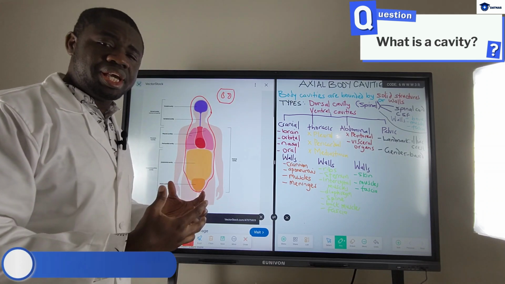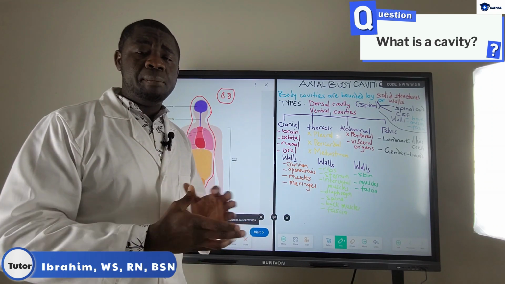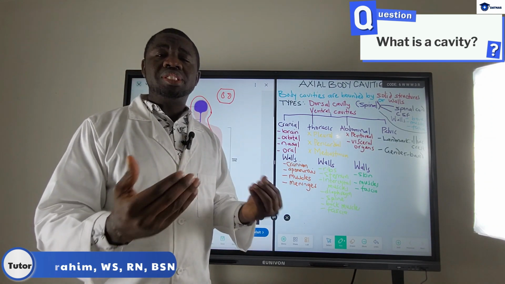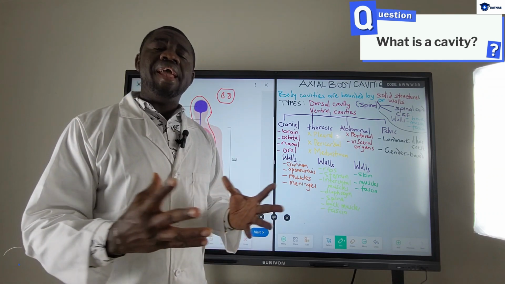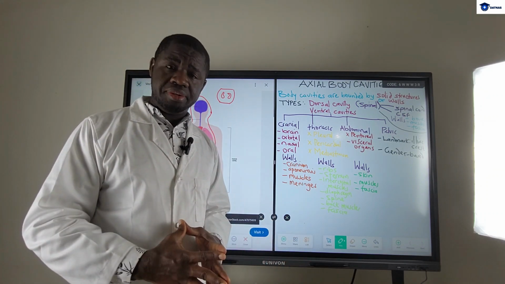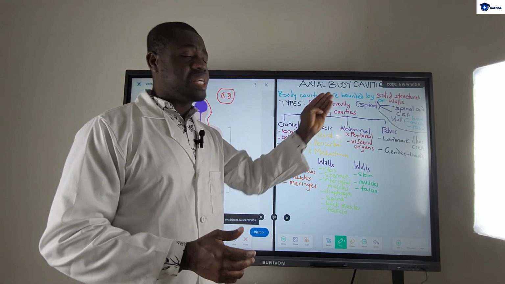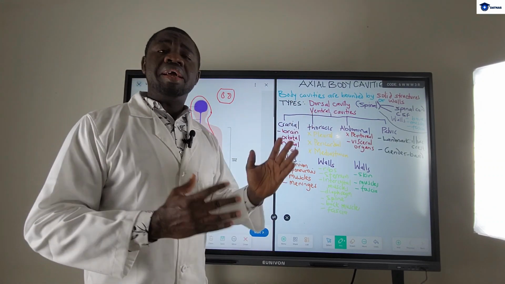So a cavity is a space that is bounded by walls. What are the two main types of cavities in the axial portion of the body? We have the dorsal cavity and the ventral cavities.